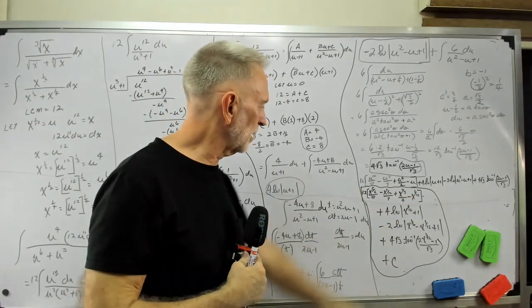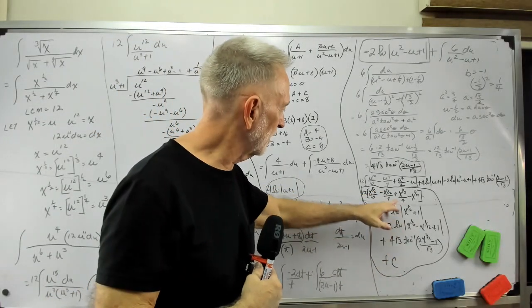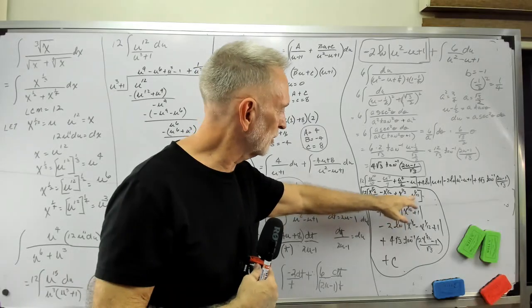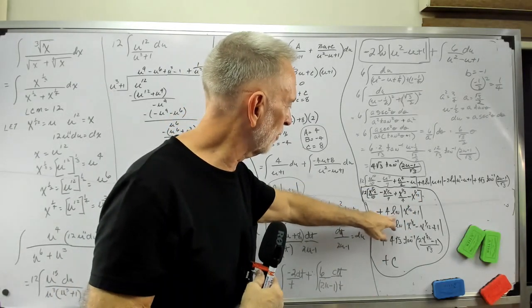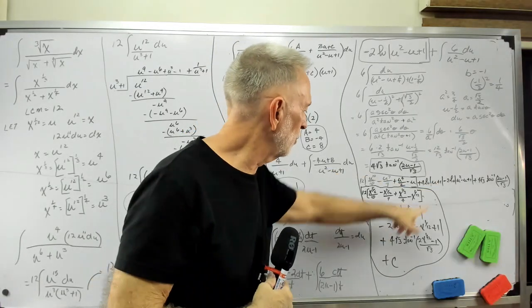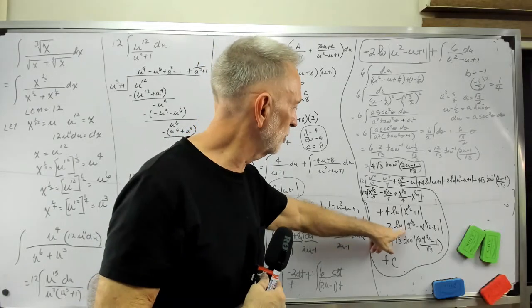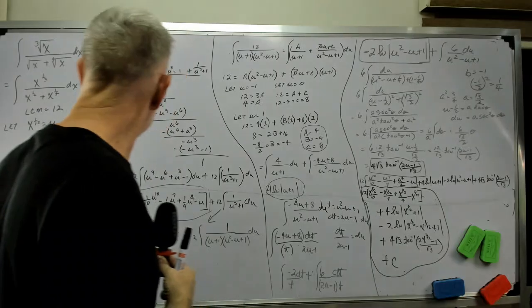And I go through that process all the way down, and that gives me plus x to the 1/3 over 4 minus x to the 1/12 plus 4 natural log of u, which was x to the 1/12 plus 1, minus 2 u squared.